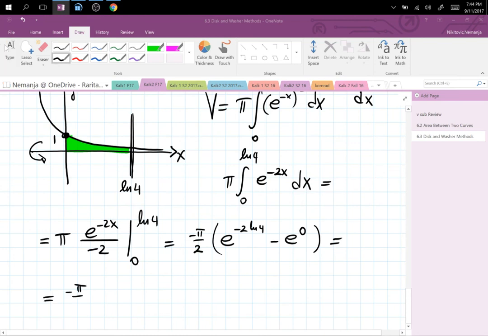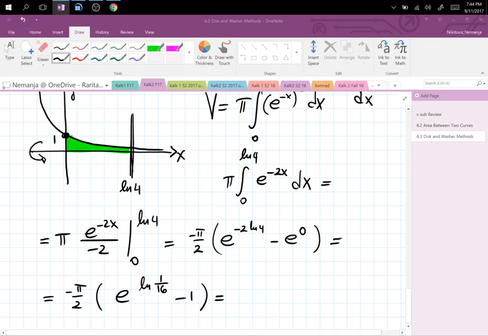Negative pi over 2. Now, this is a negative 2. It will go as the exponent of 4, and it will make it into 1 over 16. So this is e to the ln 1 over 16, because negative 2 as the exponent is technically squaring in the denominator.